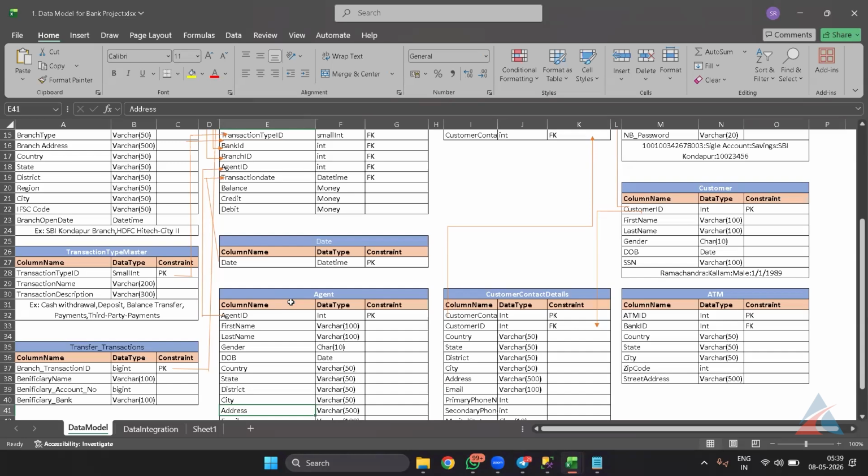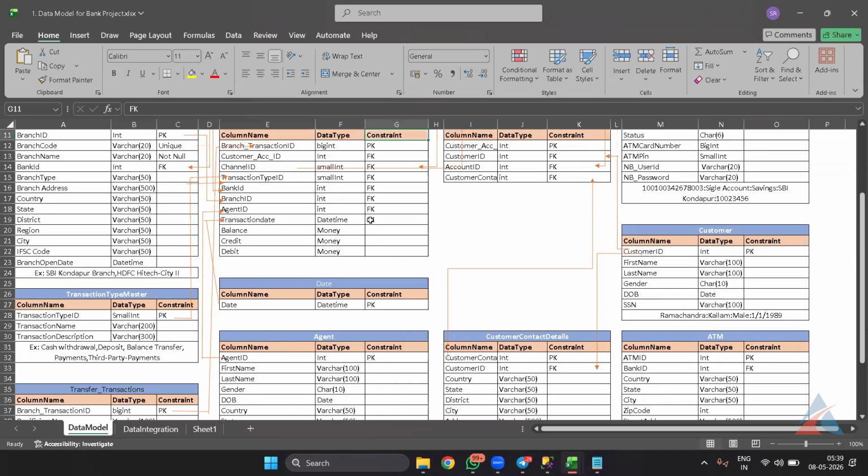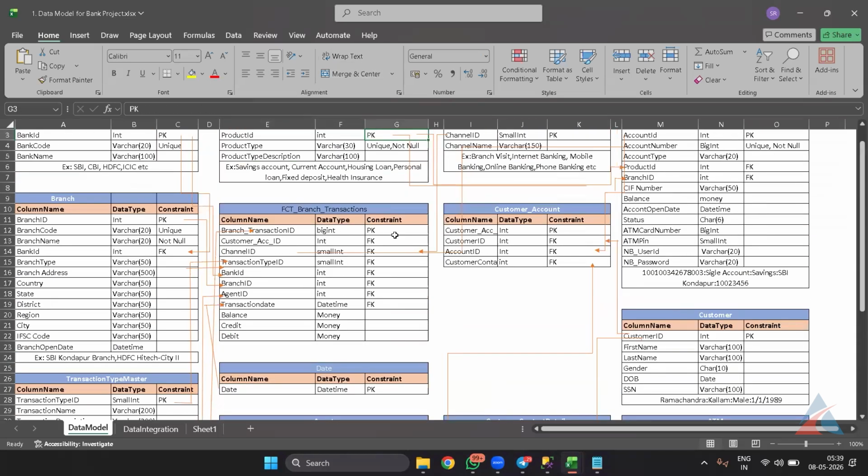So here, what are we going to do? We keep branch transaction ID in the FCT branch transaction table as primary key, and then make the other one like the previous one, a primary key. Branch transaction ID is a primary key. But what about the other one from the transaction type master? Transaction type ID, not master.